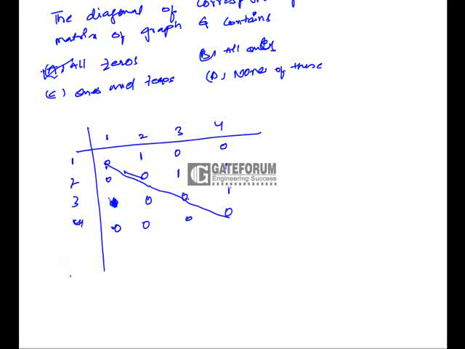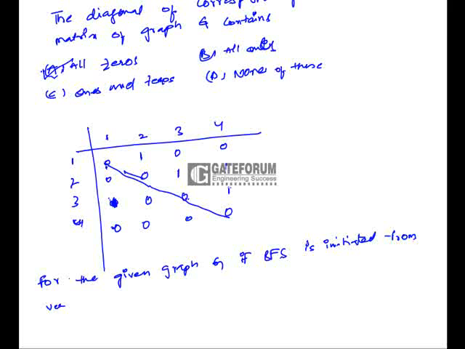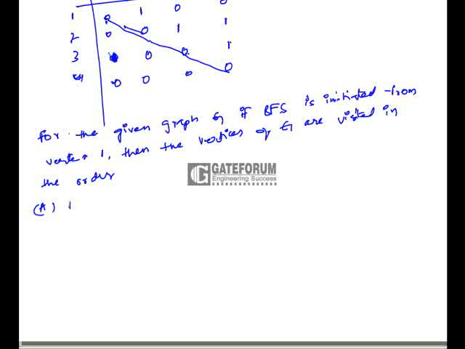And the second question for the same data is: for the given graph G, if BFS, breadth first search, is initiated from vertex 1, then the vertices of G are visited in the order: option A 2, 3, 4, option B 2, 4, 3, option C both option A and option B, and option D none of these.